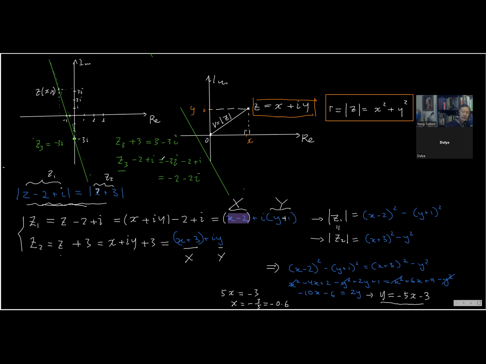Something is wrong with our result. See, this is 3 and 3, and this is -2 to -2. Where are these values? We got -2, -2. Let's use a different color.